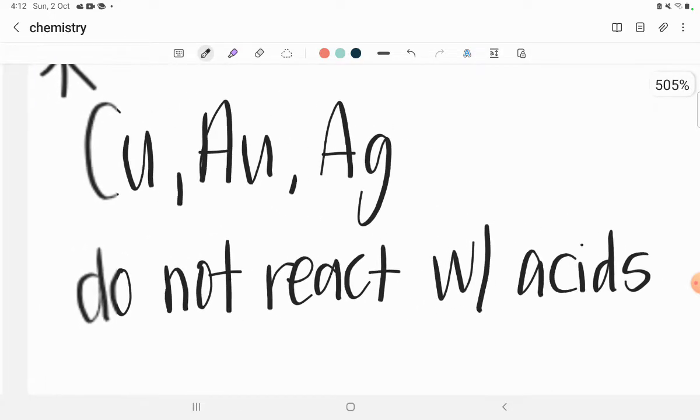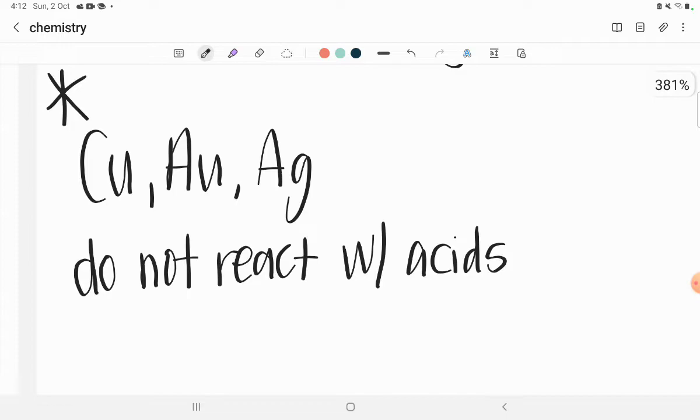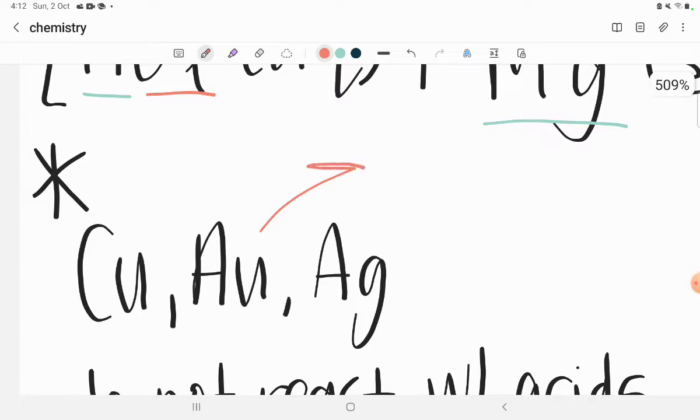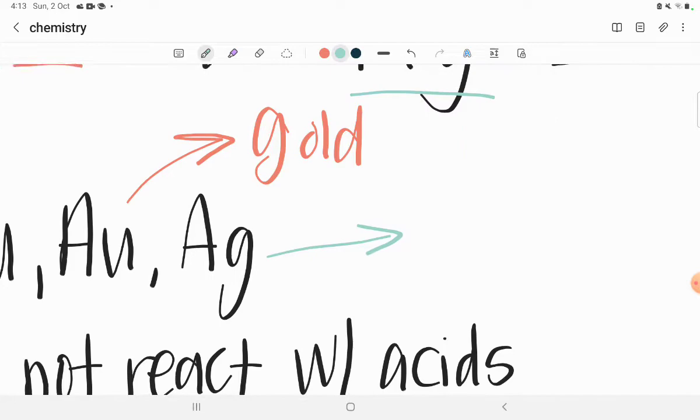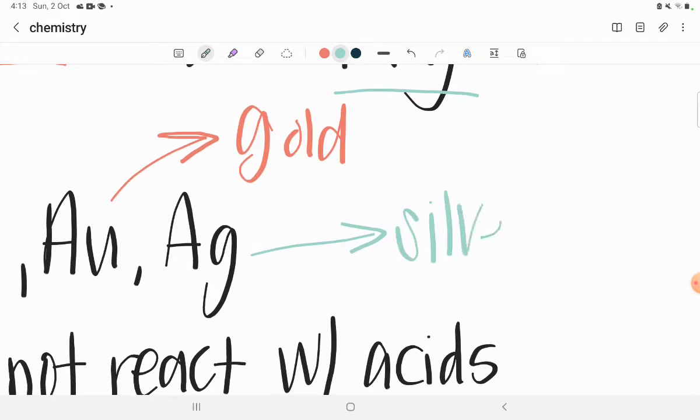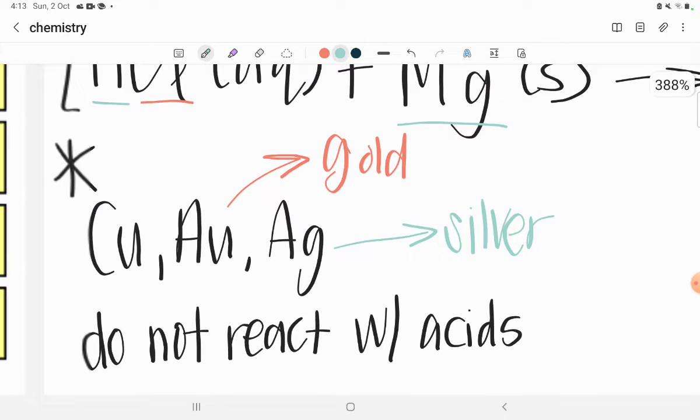So why don't these three elements react with acids? Okay, let me just label in case you guys don't know. Au is gold and Ag is silver. The reason why these three metals do not react with acids is because in the chapter on metals we learn about the reactivity series, right? In the reactivity series, these three elements are lowest on the reactivity scale.